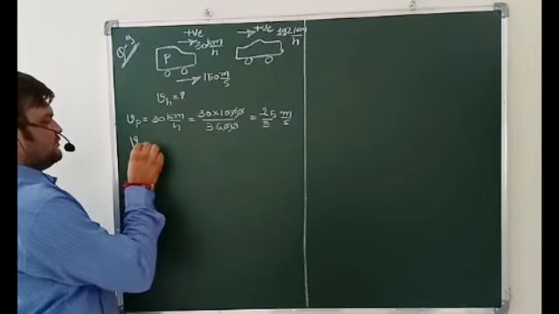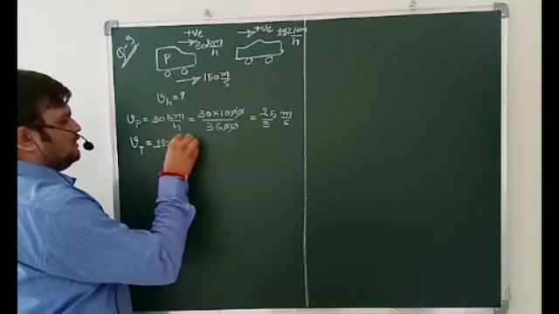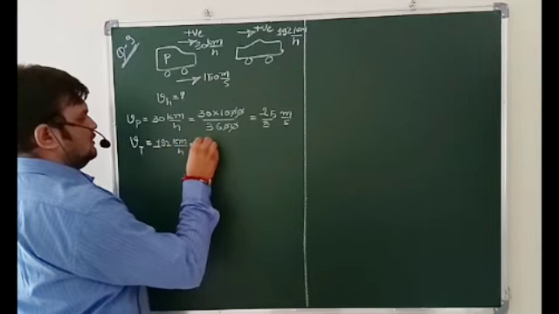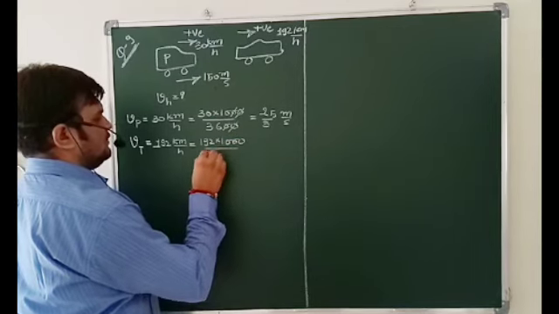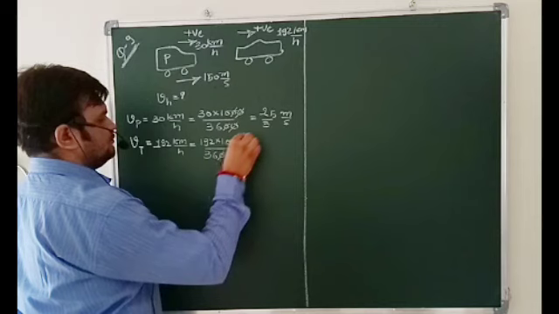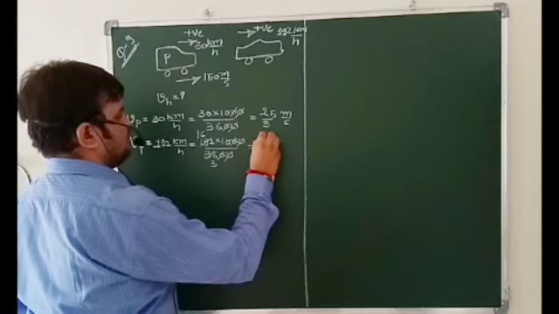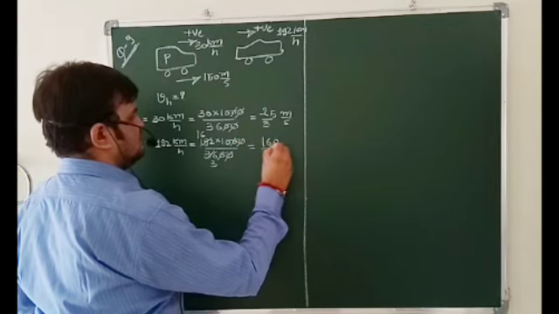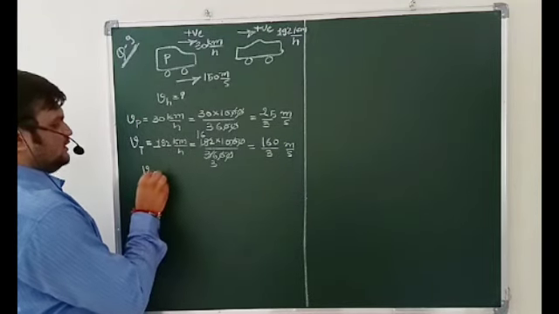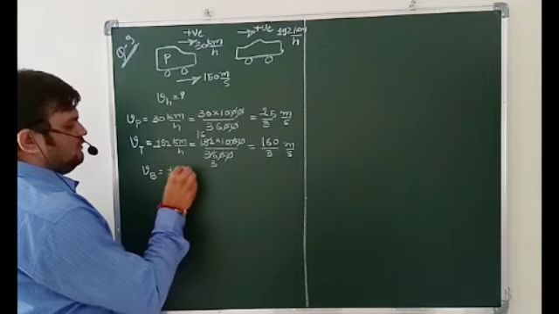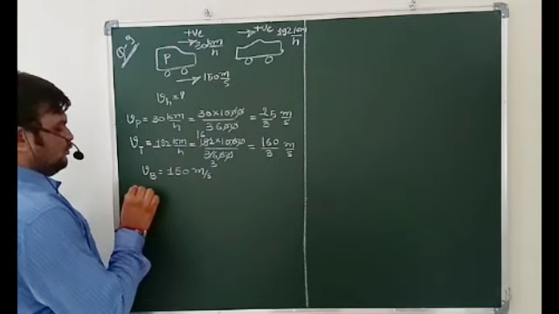Now the velocity of the thief's car, Vt, is 192 km per hour, that means 192 into 1000 divided by 3600, so it will become 160 divided by 3 meter per second. Velocity of bullet, Vb, is 150 meter per second.